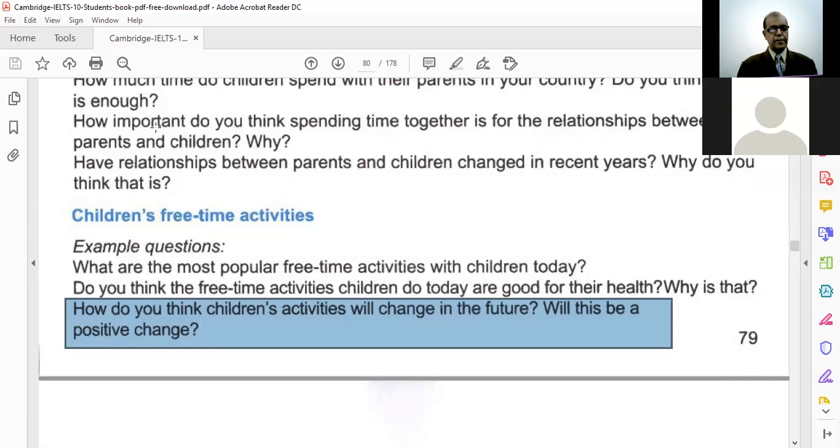Do you think there will be a happy change in the future relating to the activities of the children? No, there should not be a happy change. It will be a very negative change. Do you think the situation will improve or get worse in future? It will get worse. It will not improve in future.